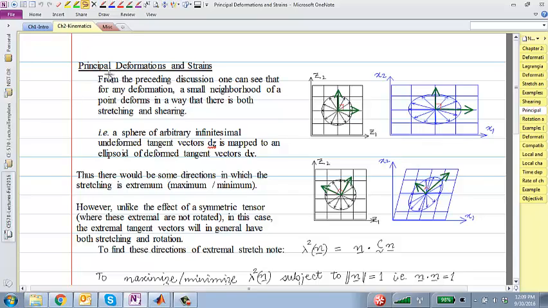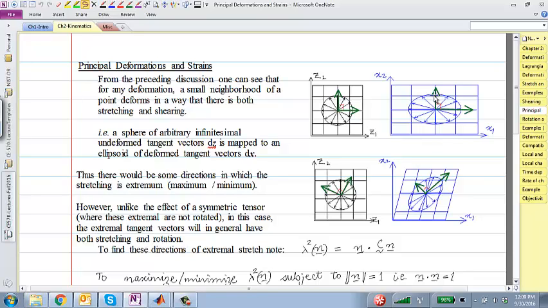So that's why we said that we'll restrict ourselves to symmetric tensors. Now let me ask you this, is F symmetric? F tensor is not necessarily symmetric. Is C symmetric? Yes. So C tensor is indeed symmetric because it factors out the rigid body rotation, and hopefully we'll get to that today. Maybe not.